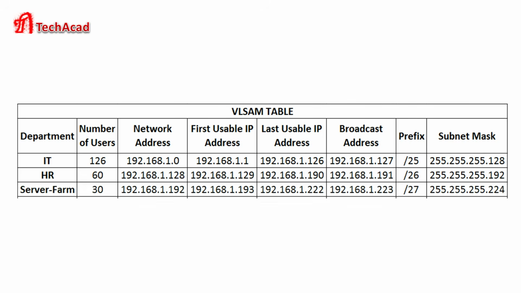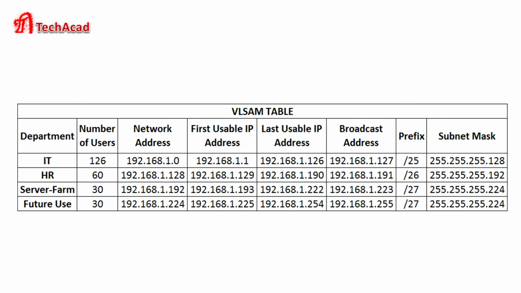In the same way, here we can see server farm. Here we taken total number of users 30 and the network address 192.168.1.192 till 192.168.1.223. Also we can see its prefix and subnet mask.